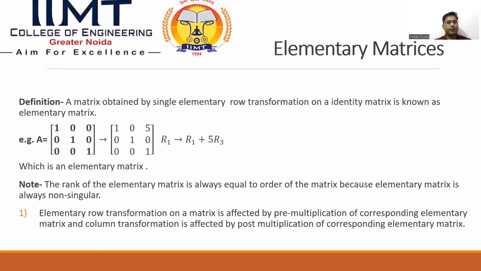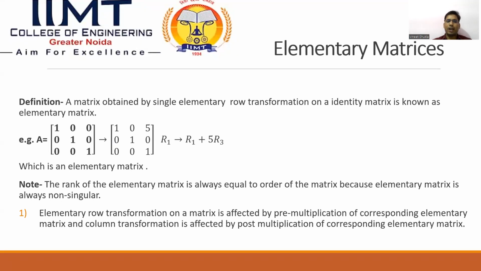Elementary matrices. A matrix obtained by a single elementary operation or transformation on an identity matrix is known as an elementary matrix. That is, if we apply only a single elementary transformation on an identity matrix, the obtained matrix is known as an elementary matrix.